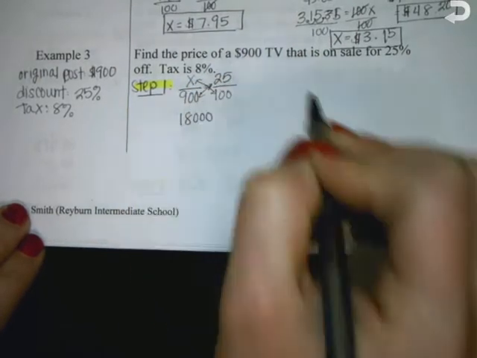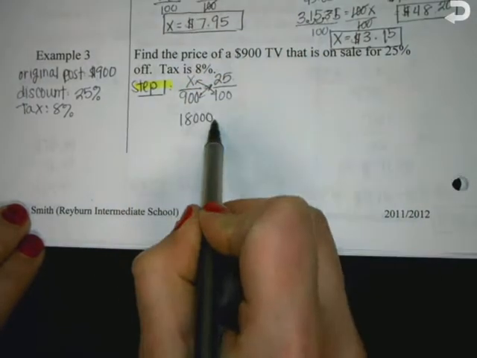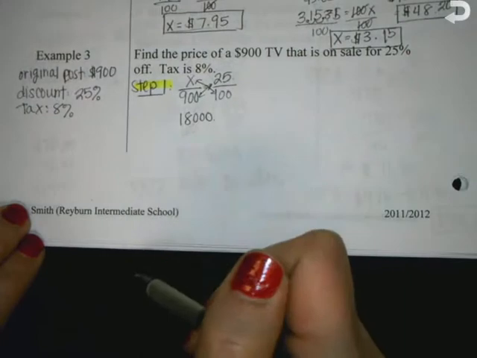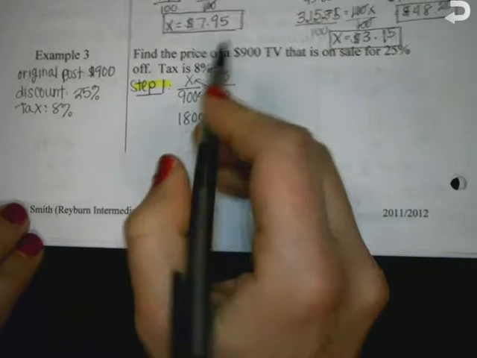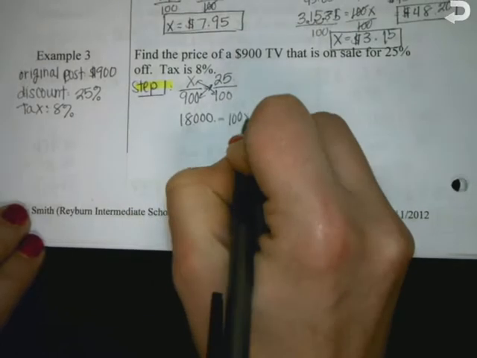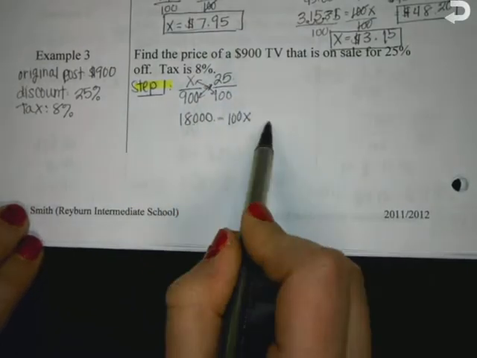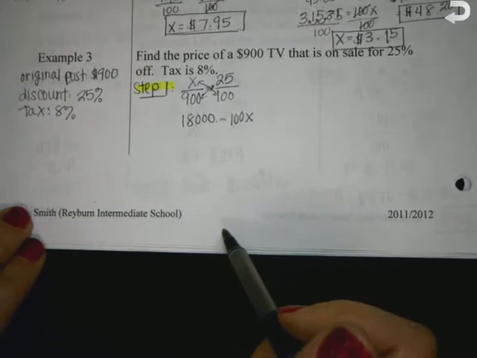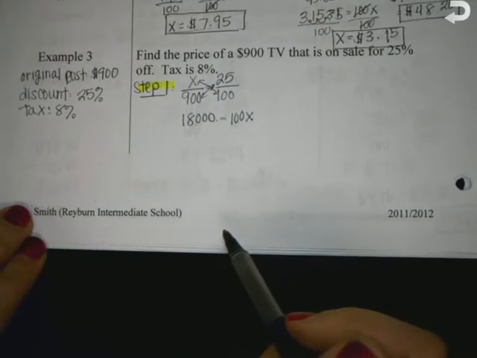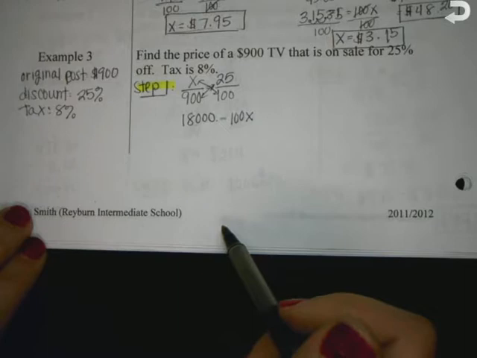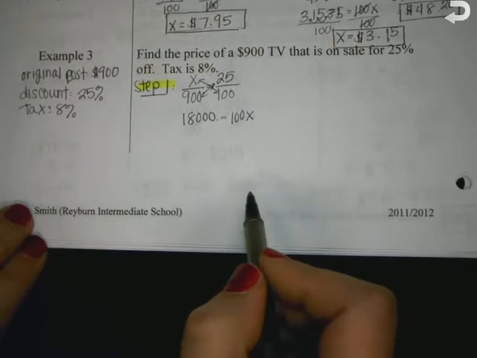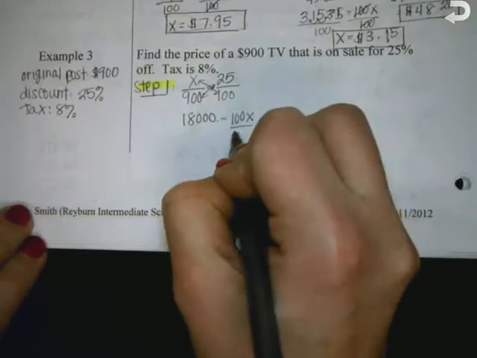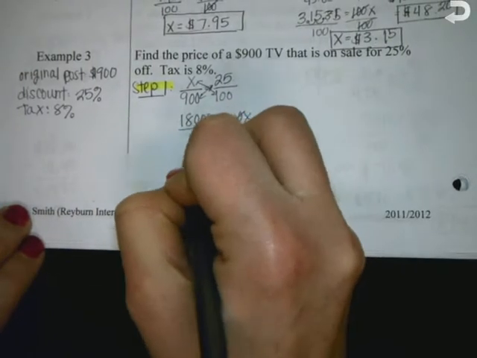And then what do I do? Good, I divide by 100. And dividing by 100 moves my decimal 2 spaces, so my discount was $180, yes?